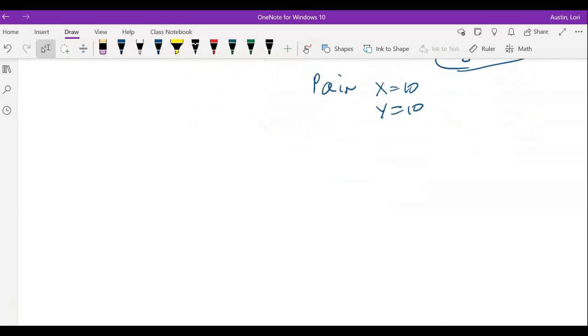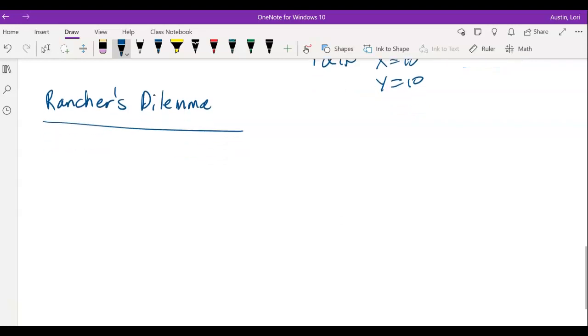This is a common problem. It's called the rancher's dilemma. I will provide pictures on the test to help you if that is possible. Okay? So here's the idea. Say this rancher has 400 feet of fencing for constructing a rectangular corral.